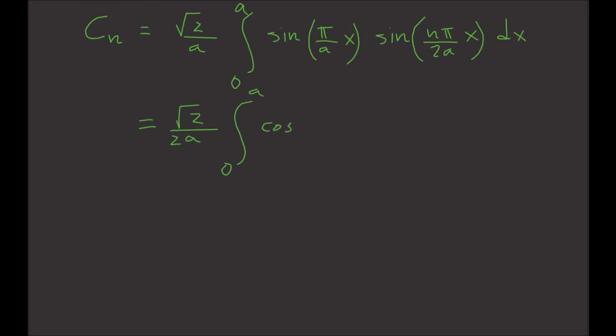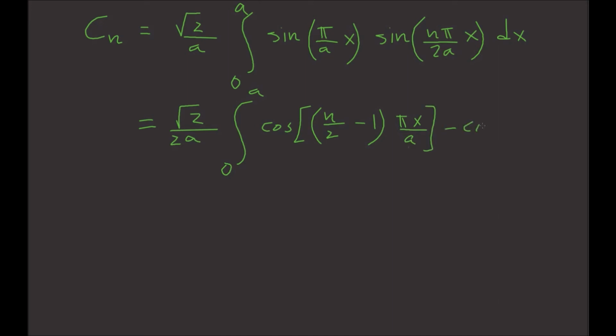Remember, we can write the product of sines in terms of cosine minus cosine, using trig identities: n divided by 2 minus 1 times pi x over a.